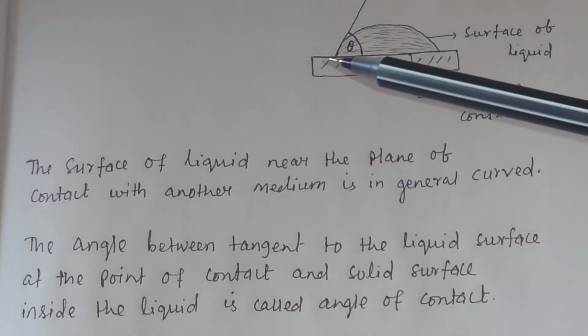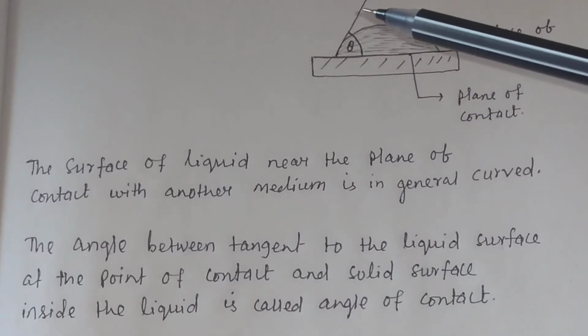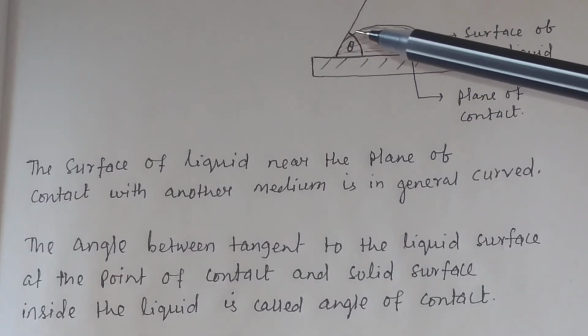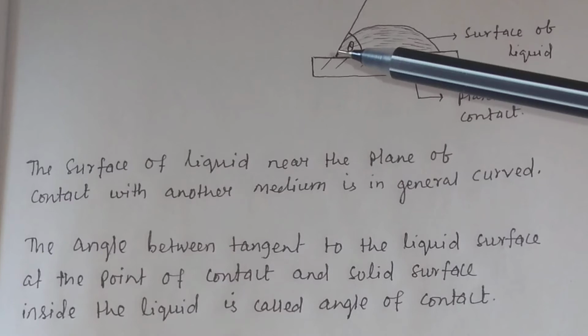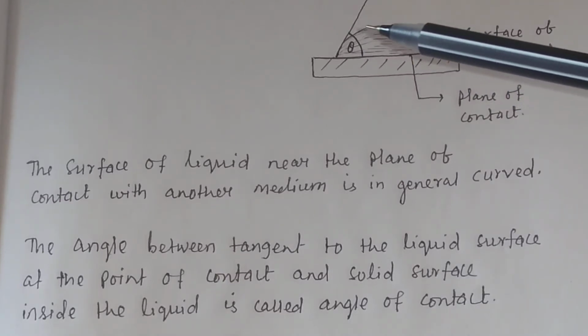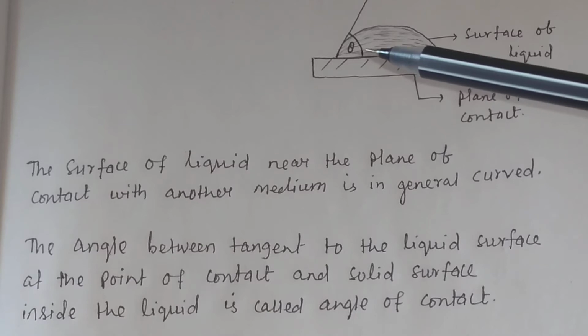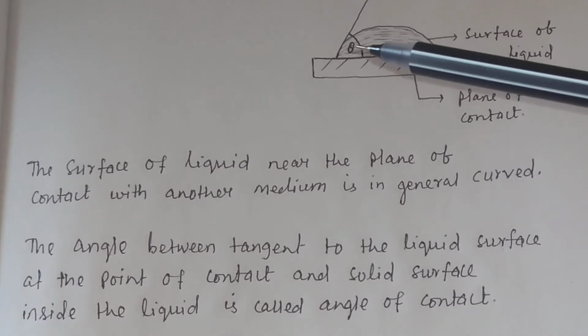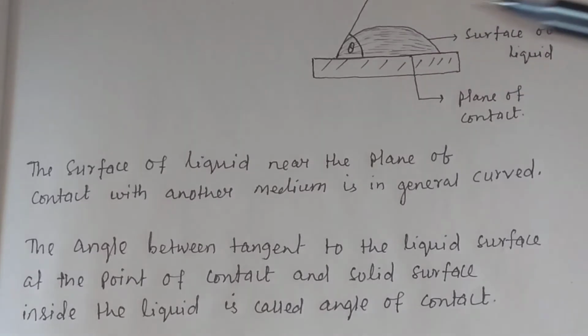So the angle between the tangent to the liquid surface at the point of contact and the solid surface inside the liquid is called the angle of contact. It is denoted by the symbol theta.